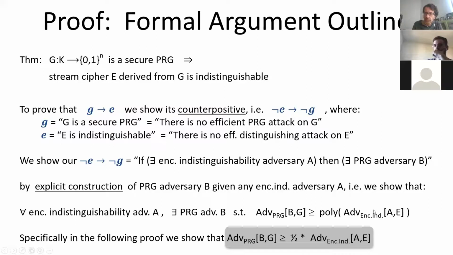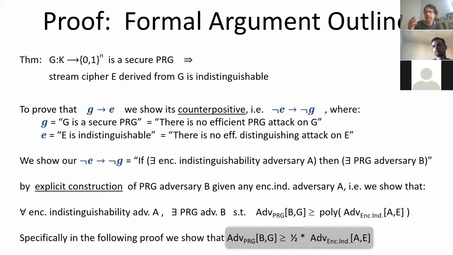So if this was 1 over polynomial, then so will this be. Here it's very simple. Actually, the attacker on a PRG has almost the same advantage as the attack on the encryption, just half of it.